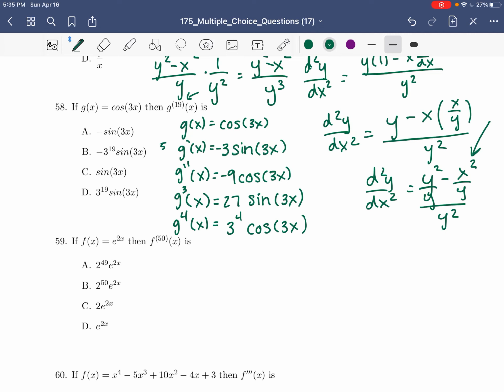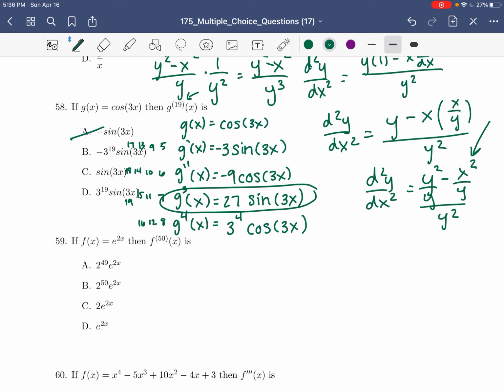The fifth derivative is going to be the same as this one. 6th, 7th, 8th, 9th, 10th, 11th, 12th, 13th, 14th, 15th, 16th, 17th, 18th, 19th. So it's going to be a positive sine.